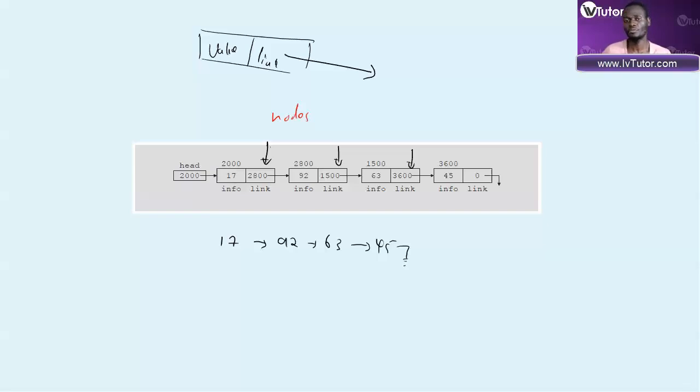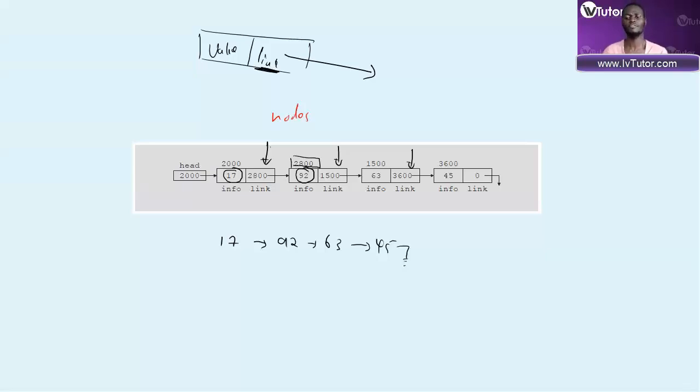But basically that's a node, which means this node has a value of 17, and it's pointing to this node, which has a value of 92, but is sitting at this address, which means the link here is simply the address of the next node.